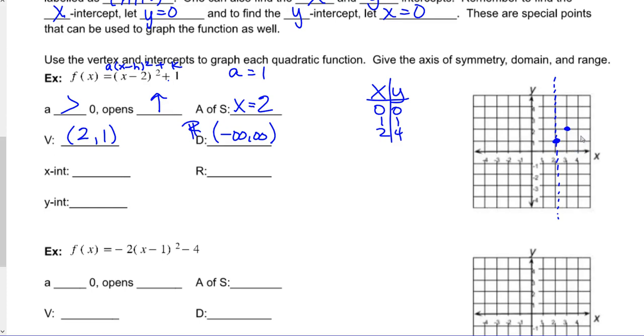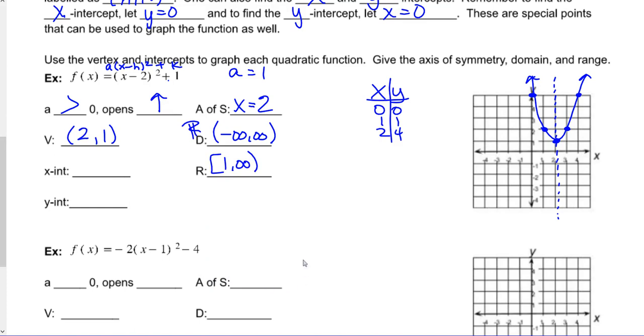Over 2 and up 4, 1, 2, 3, 4 gives me this point. And so that's half of my parabola, but because of my axis of symmetry, now I can mirror image those other points on the other side, therefore giving me that graph for my parabola, which is going to be helpful with finding the range. So I come from negative infinity all the way up, and I start with a value here at y equaling 1 to infinity. So that's going to help me get my range.